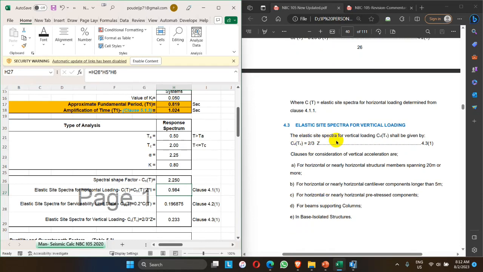The elastic site spectra for vertical loading shall be given by 2/3 of Z, which means 0.233, the multiplication of 2/3 and 0.35.